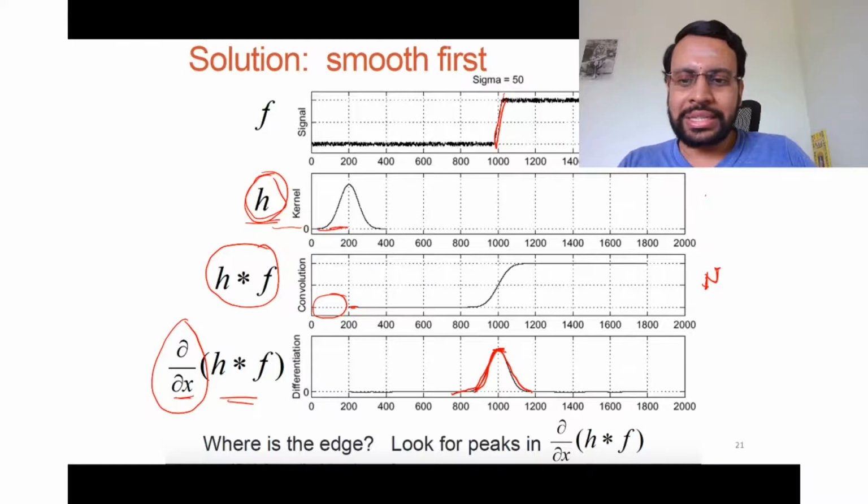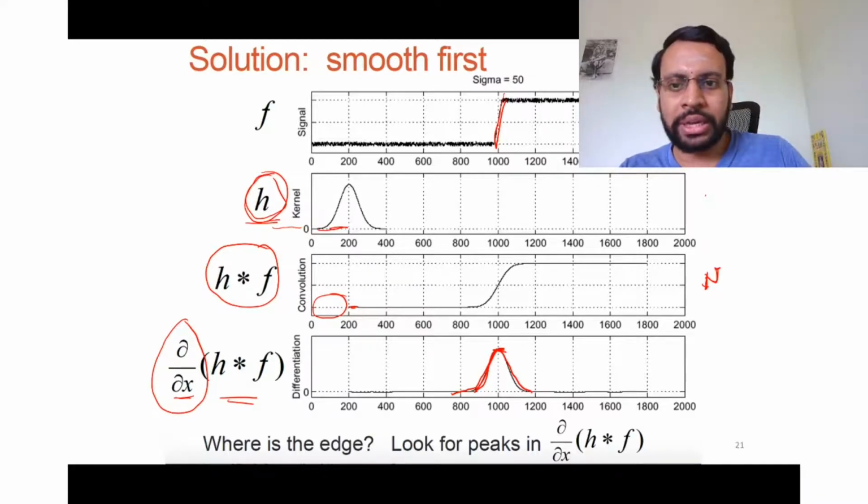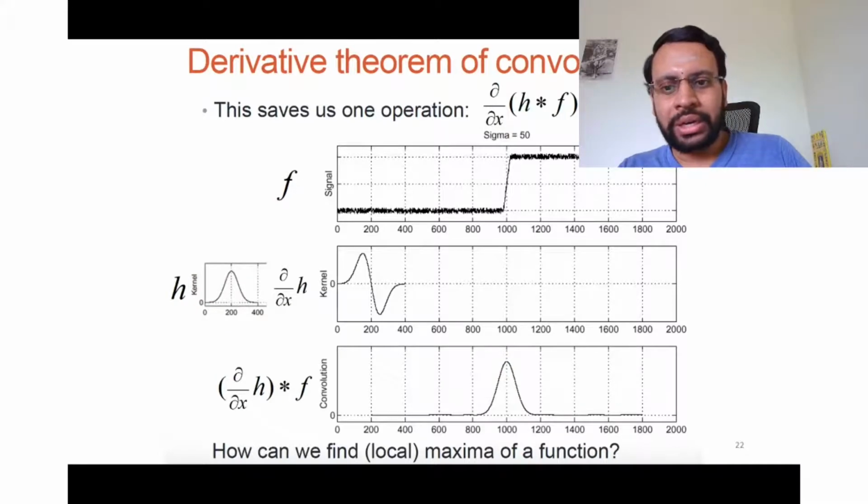Now you would realize that since convolution has an associative property, you could exploit that in order to do it in a very simple way. How do you do that?